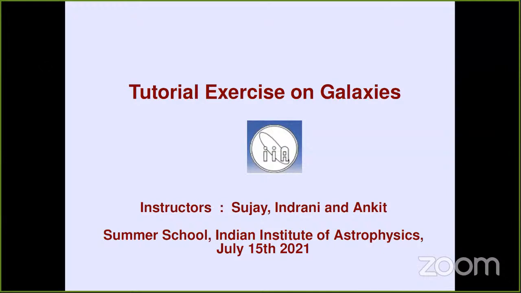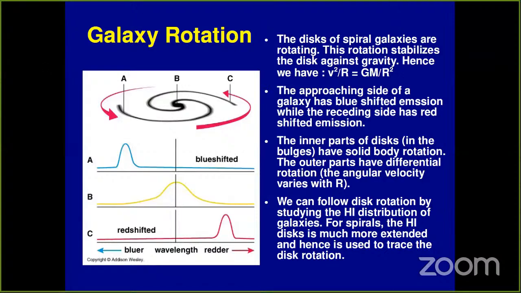This tutorial exercise is about calculating the dynamical mass of a galaxy and then using the visible mass, which is the stellar mass, molecular hydrogen mass, and the neutral hydrogen mass, to calculate basically the dark matter content. You must have downloaded these slides from the website. If you haven't, please do so, because it's better to have it on hand.